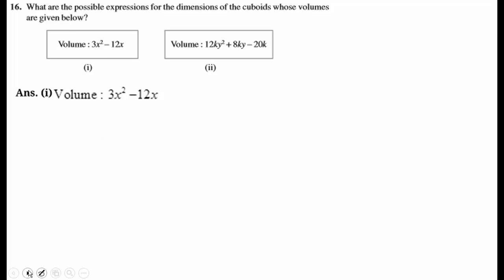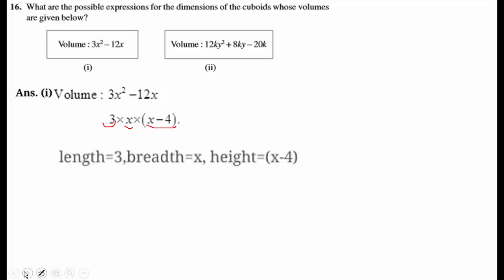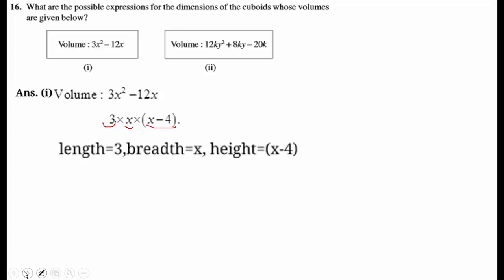Taking 3x common, this will become 3x into x minus 4. Comparing with length into breadth into height, length equals 3, breadth equals x, and height equals x minus 4.